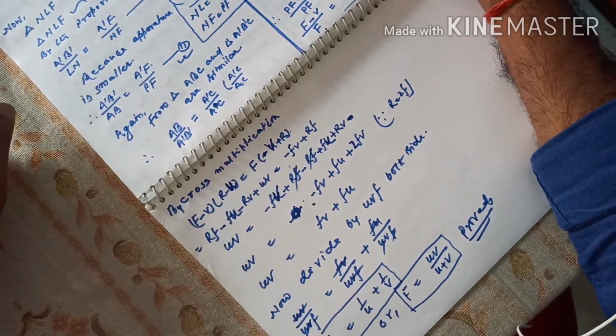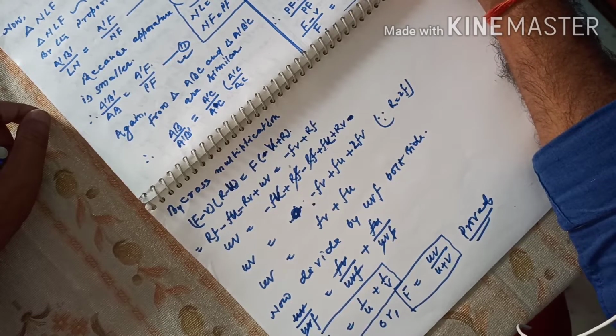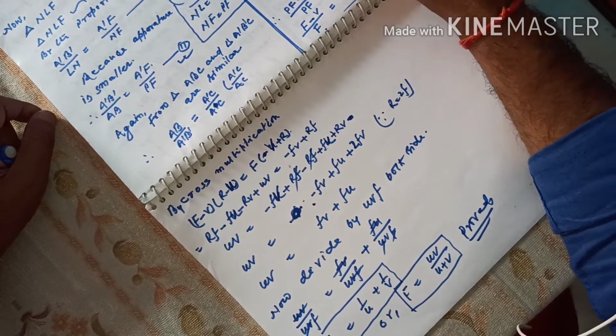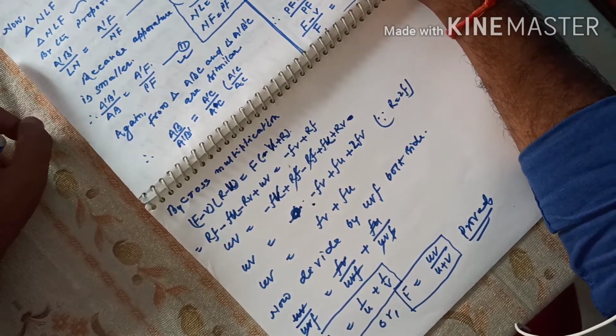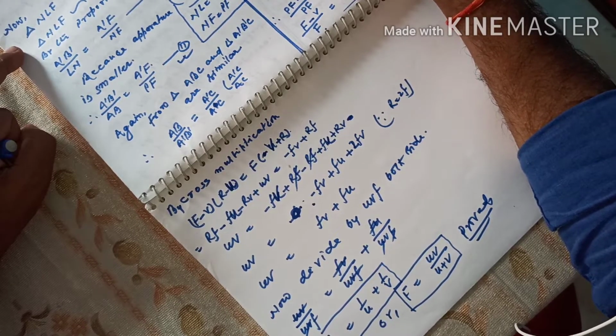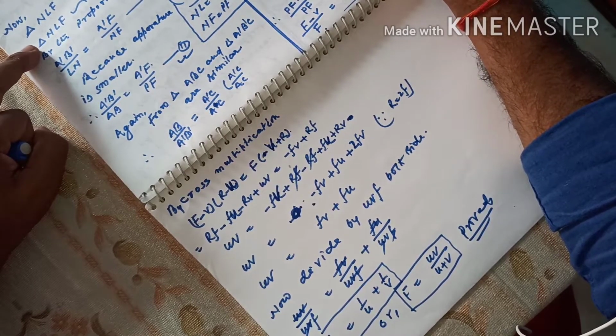Now the derivation and expression of 1/f = 1/u + 1/v is called the mirror formula. Here, at first we take triangle NLF with respect to triangle A'B'F, because both triangles are similar.